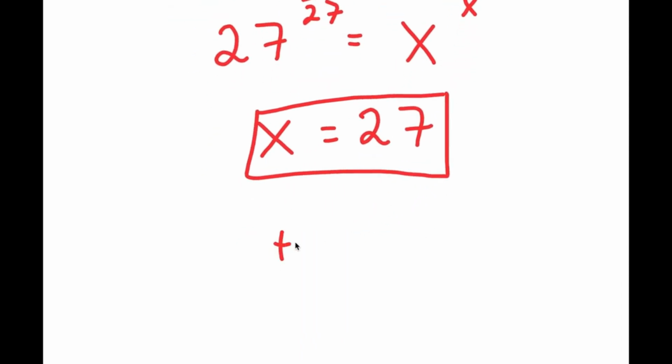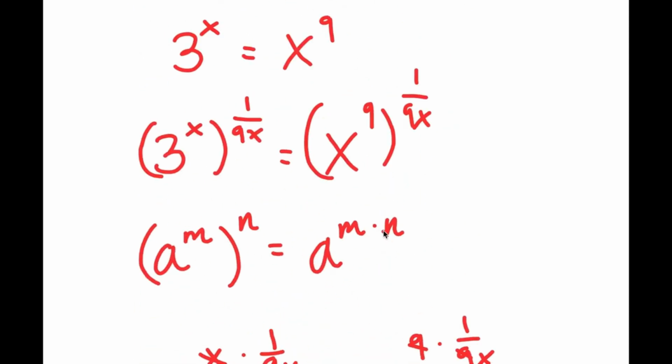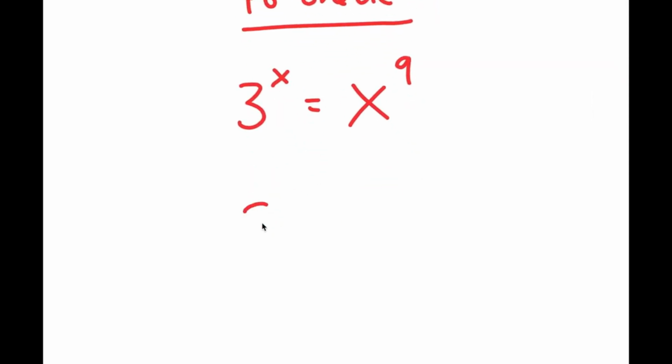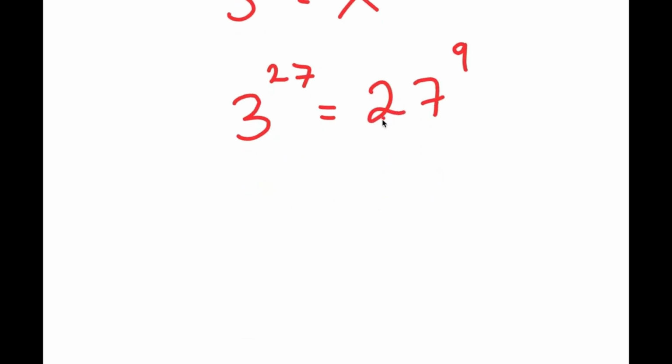So now to check, I can plug this into my equation. 3 to the power of x is equal to x to the power of 9. x is equal to 27, so I get 3 to the power of 27 is equal to 27 to the power of 9. And 27 is the same thing as 3 to the power of 3.